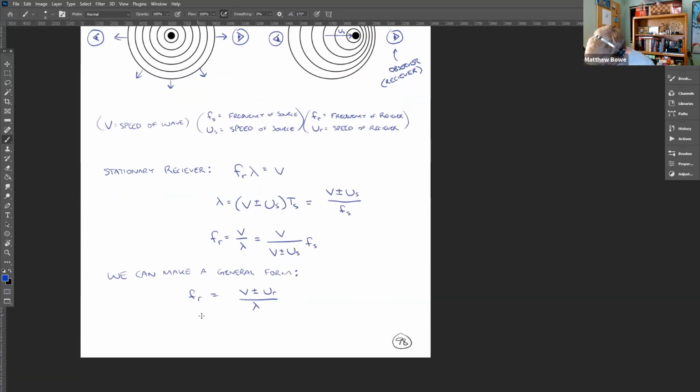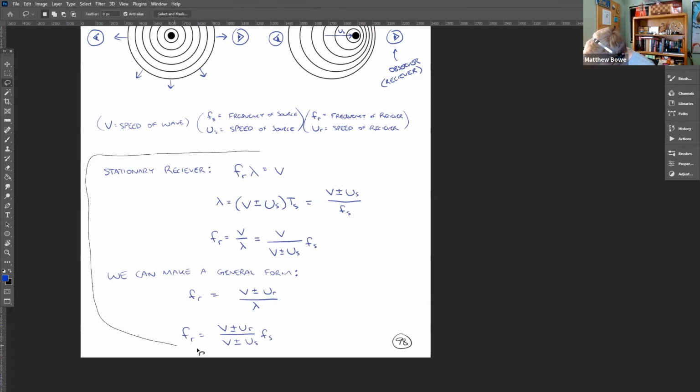Ultimately, we get a final form that looks like this. And this is a general form that we can use for any Doppler effect problem.